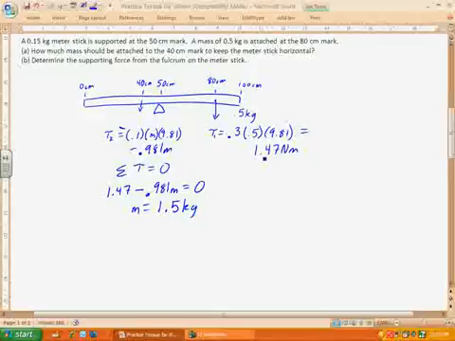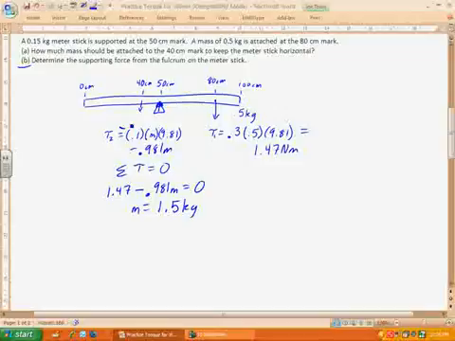Now the second part of the question says determine the supporting force from the fulcrum on the meter stick. So with how much force is the fulcrum having to push up, or the normal force of the fulcrum? Now to get that, obviously, for our meter stick to be in equilibrium and not dropping, all the forces have to balance. So now we're just going to look at all the forces acting on the meter stick, right?